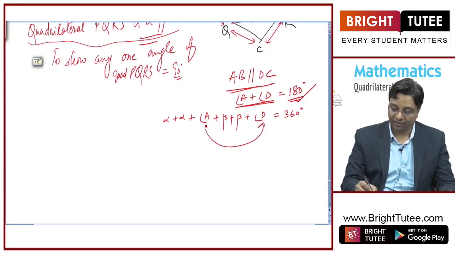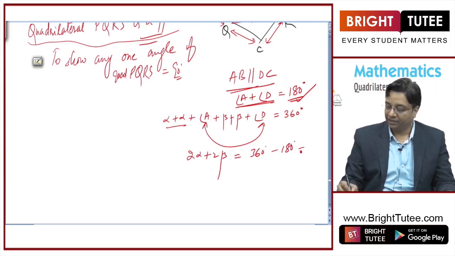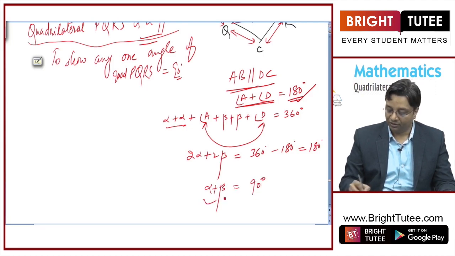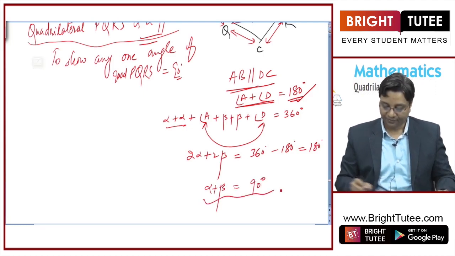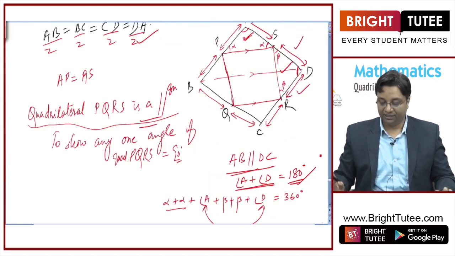So these two angles make 180 degrees. So if I subtract 180, I can say 2 alpha plus 2 beta is equal to 360 minus 180, that is 180 degrees. And what can I say about alpha plus beta? Alpha plus beta will be equal to 90 degrees, right? If I divide both sides by 2. So alpha plus beta is 90 degrees.